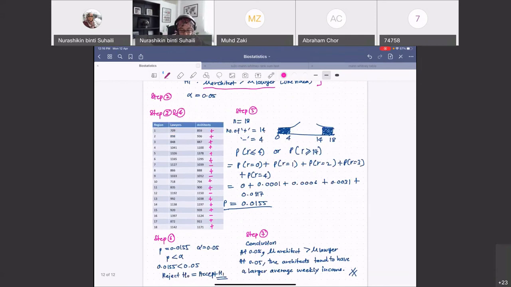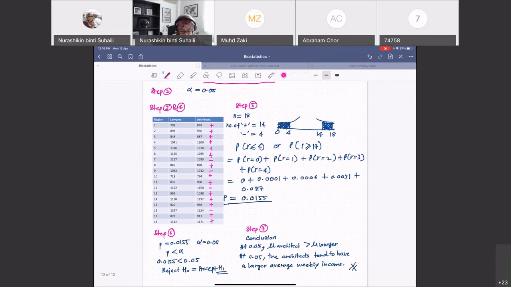So the decision is to accept the alternative hypothesis. The conclusion says that the architect tends to have larger average weekly income, because it's not similar. You got the same answer? The P is 0.0155.